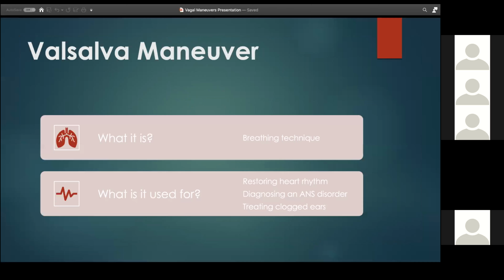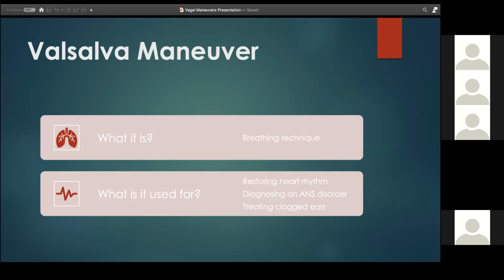So the Valsalva maneuver is essentially a breathing technique, and it can be used to restore heart rhythm, diagnose an ANS disorder, or even treat a clogged ear, which is kind of interesting to me. I'm not sure how commonly it is used for this, but I did find that in my research.